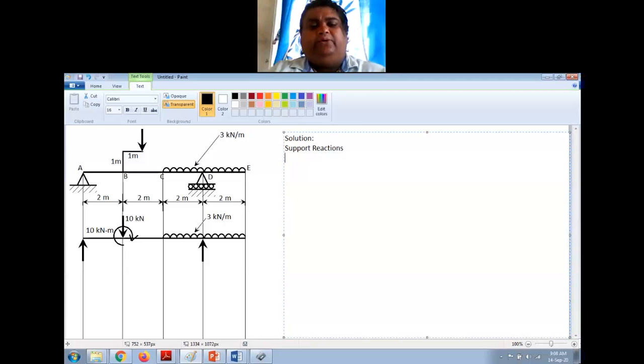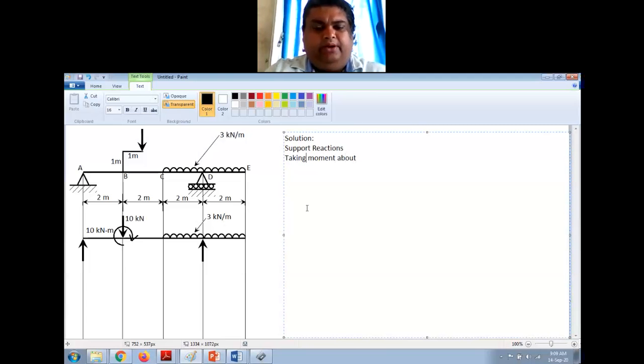For finding the support reactions, I have two conditions: sum of all the forces equal to 0, and sum of all the moments equal to 0. Now let me first take moments about point A.